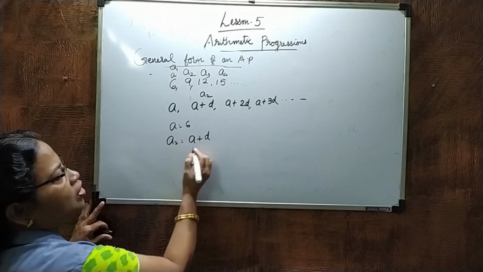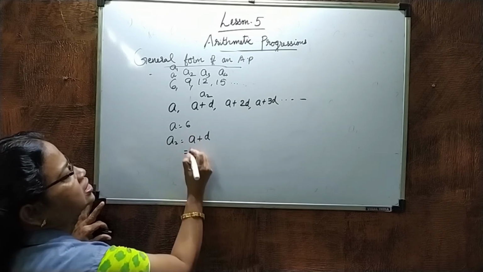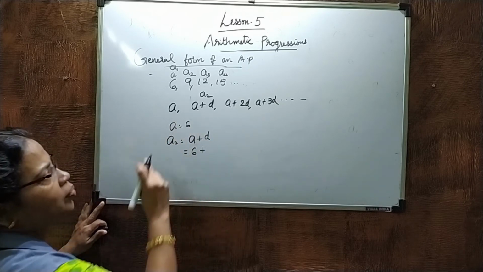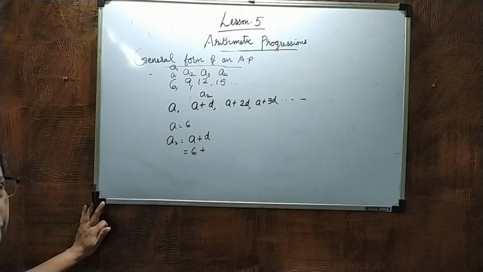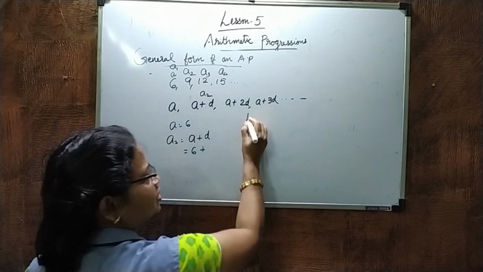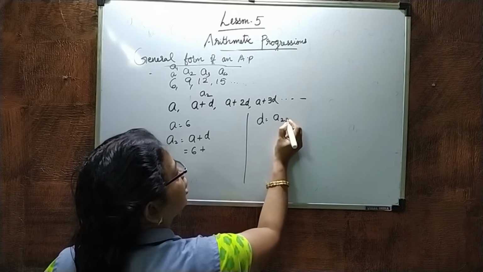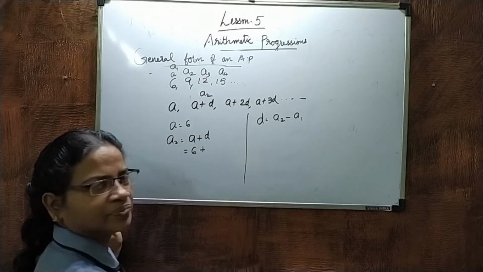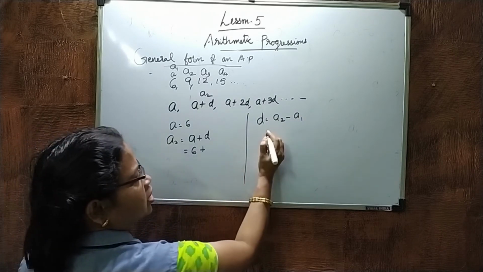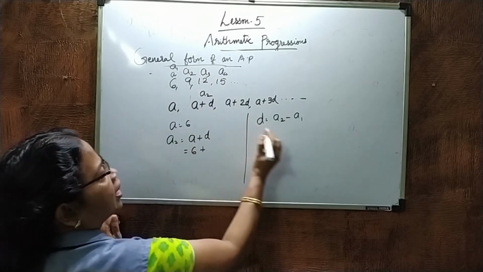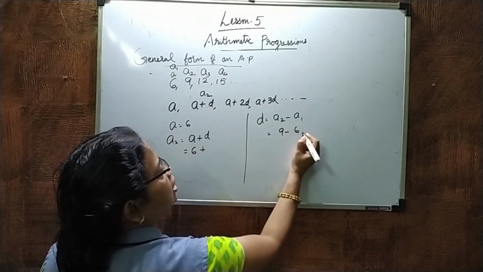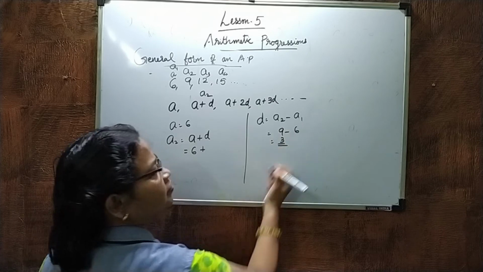Okay. How will you find out A2 here? A is 6. What is the common difference you got? Already you told that D is equal to A2 minus A1. What is A2? Here 9 minus 6. You will get the answer 3.